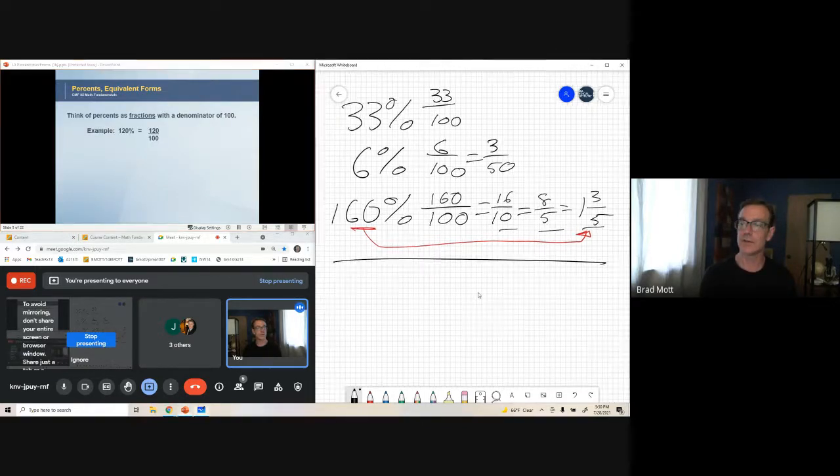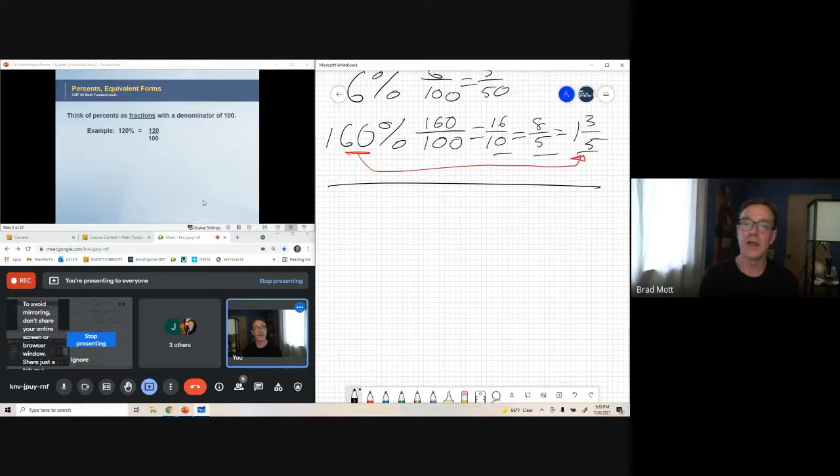So of course, like we said, here's an example. 120% is the same as 120 over 100, just like we were just doing with our other examples. And they went further and simplified 120 down to 12/10ths, and then simplified it to 1 2/10ths, and then further simplified that to 1 1/5.